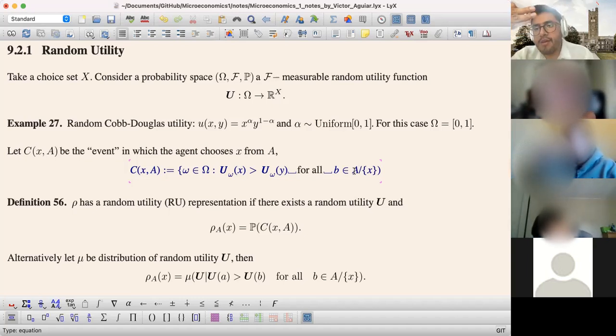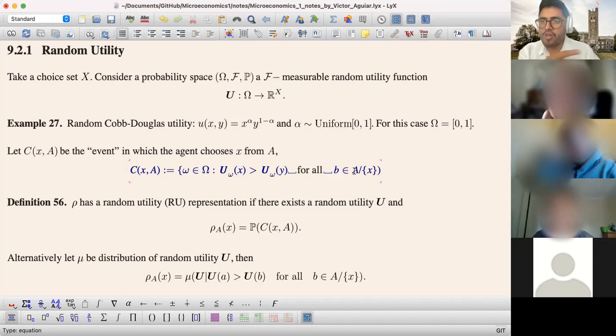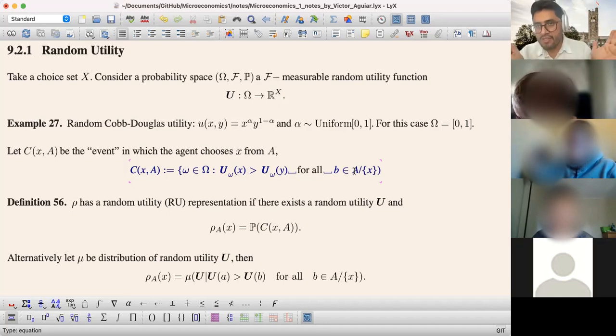So variation in taste, variation in risk aversion. So omega tries to capture all of that. And then the only thing we're assuming is that for each omega, there is a utility, okay? And that's the key assumption, right? And on top, of course, we're going to assume that there is a unique distribution that controls this, and is stable across menus. So this doesn't change with menus, okay?